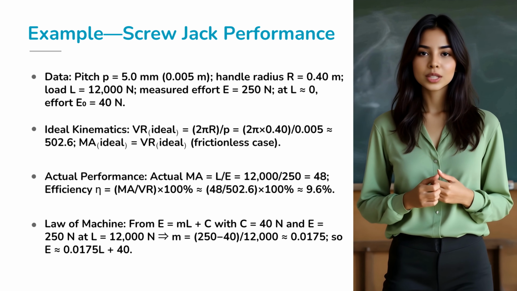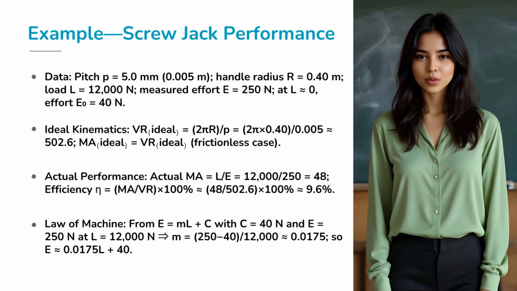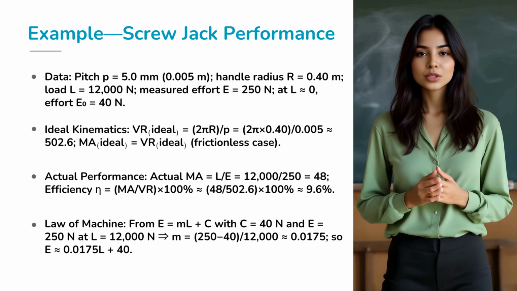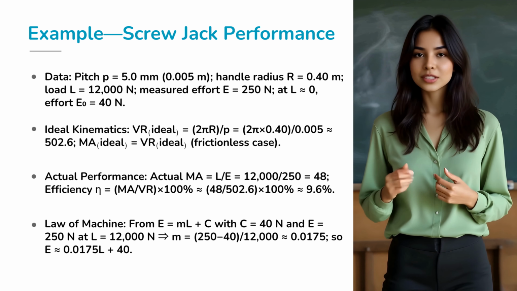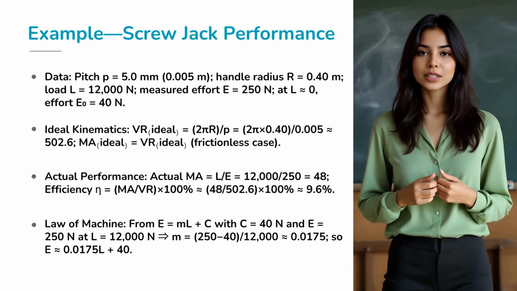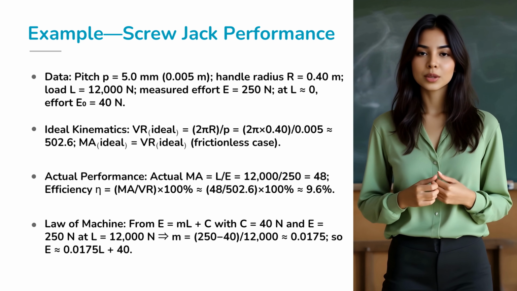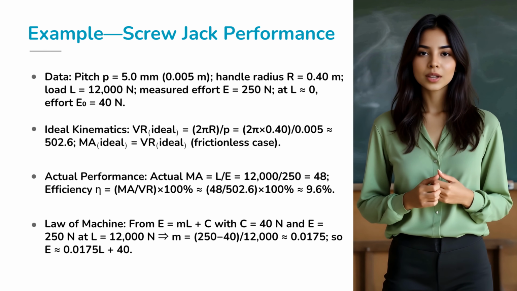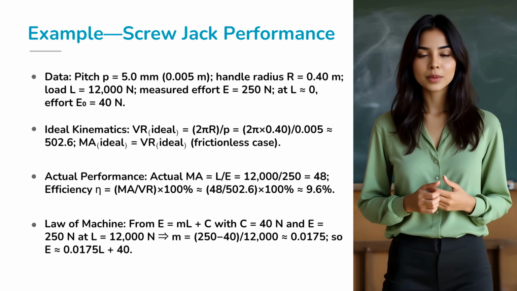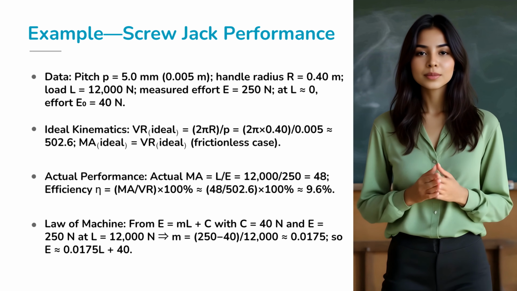In actual operation, the mechanical advantage is the load divided by the effort, which is 12,000 divided by 250, giving 48. The efficiency is then the mechanical advantage divided by the velocity ratio multiplied by 100%. This equals 48 divided by 502.6 multiplied by 100, which is about 9.6%.